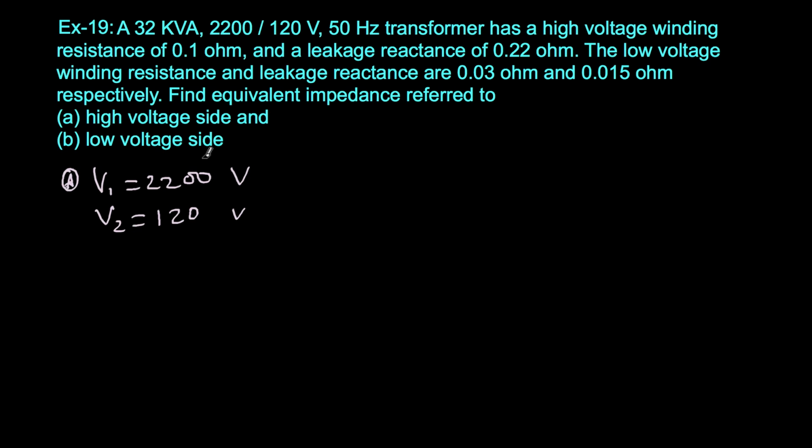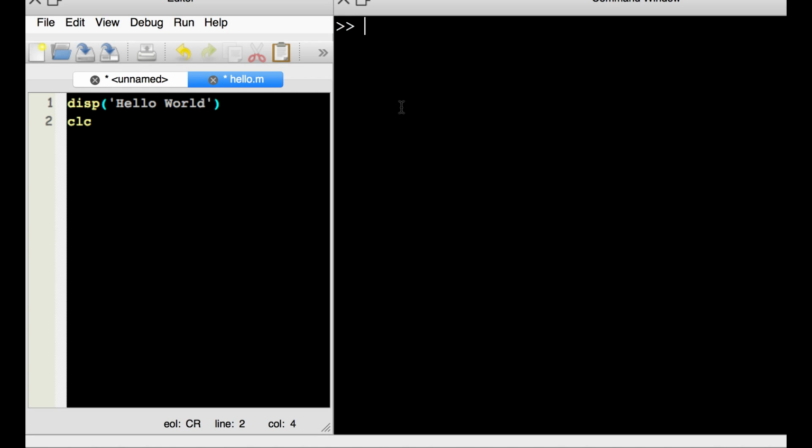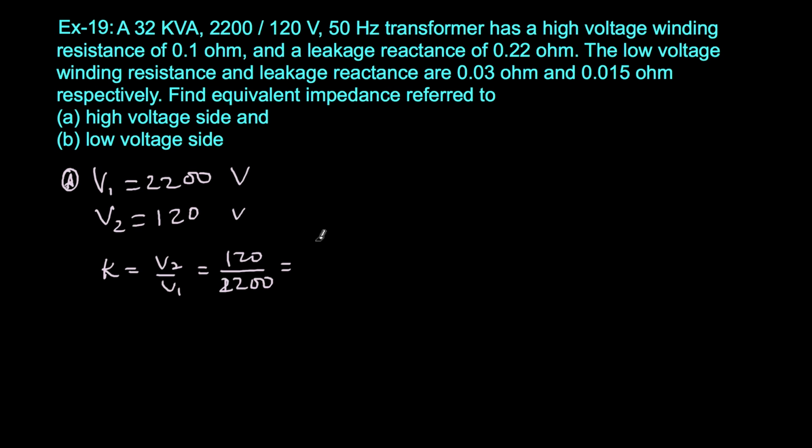From this I can get the ratio, that is K. K is actually V2 by V1, so that is 120 by 2200. I think we'd better keep it like a fraction, so I'll just put it as 12 by 220.